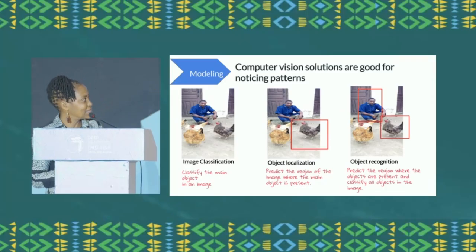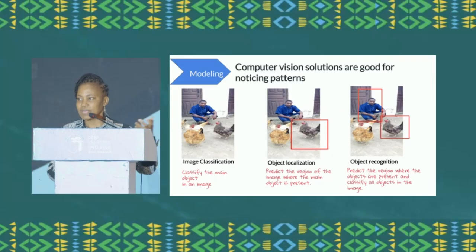That's our hero there, our livestock field officer that we have worked with over the years. We went through the different computer vision tasks of image classification: given an image, can you categorize it correctly? And object detection looks at localizing and recognizing objects in a given region.